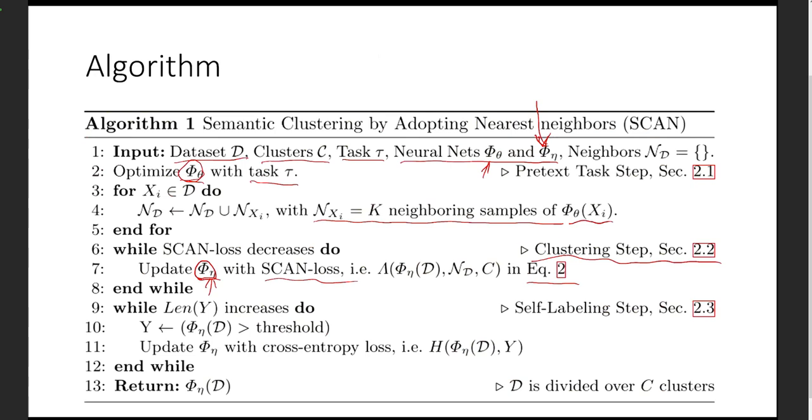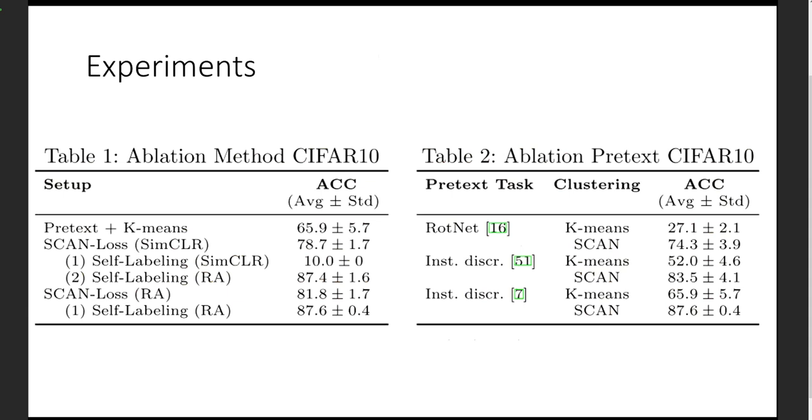And then finally, they use the self-labeling step: if the probability is larger than a threshold, they use the cross entropy with the pseudo label y. Then they also update the softmax function, and finally they return this one. And this is the algorithm, and they have many experimental results.